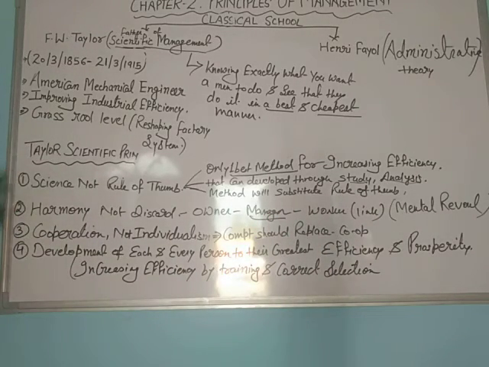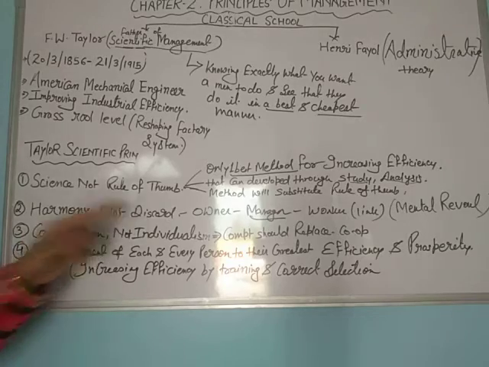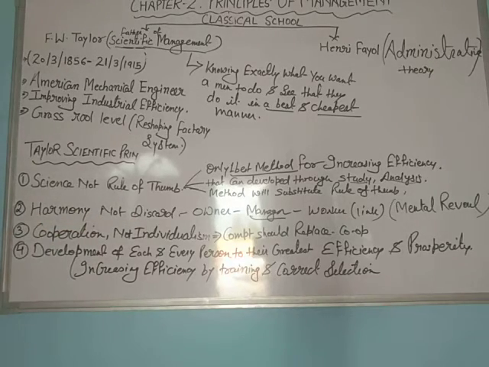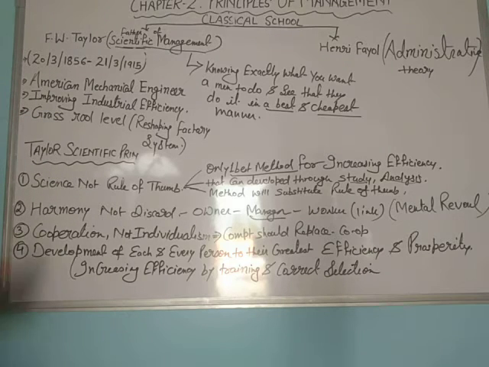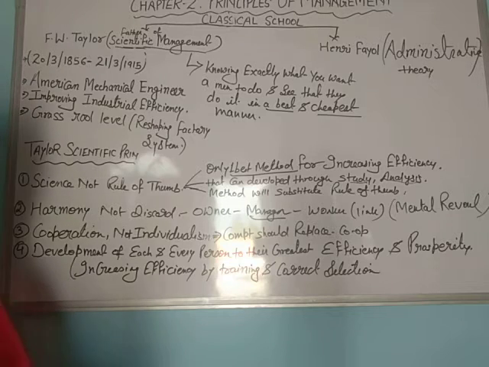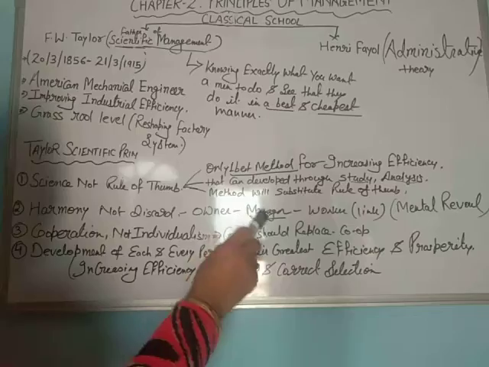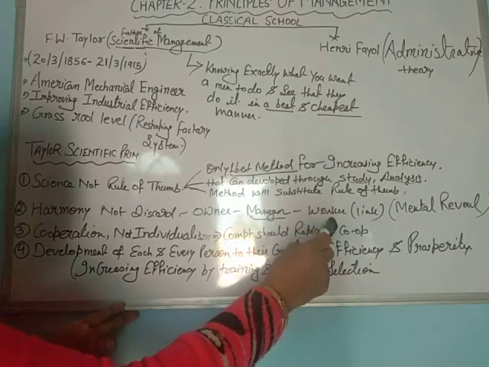Next Taylor scientific principle was harmony not discord. This is the second principle of scientific management given by F.W. Taylor, and according to this principle he said that in our organizations 3 people are working, or we can say in our organization 3 levels are working, right? We have already discussed that, but that time we discussed it in the form of top level, middle level and your lower level, right?